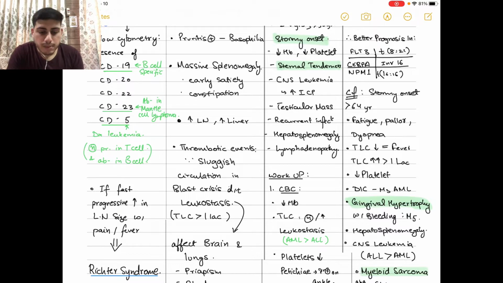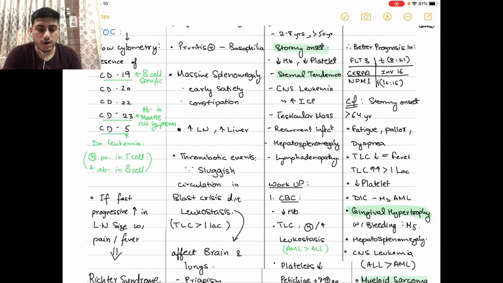Now there is another disease, the name of the disease is mantle cell lymphoma. In mantle cell lymphoma also these CD markers are positive except CD23. So it's a very close differential between CLL and mantle cell lymphoma. To differentiate them, we look for CD23.